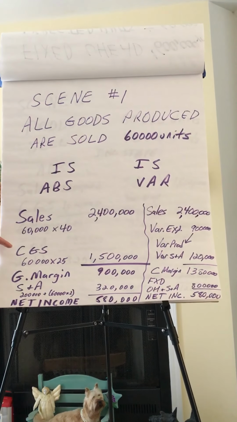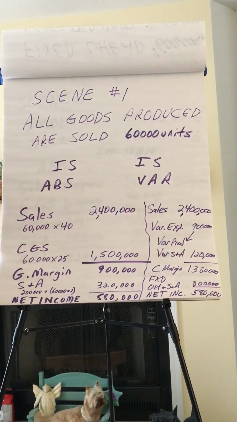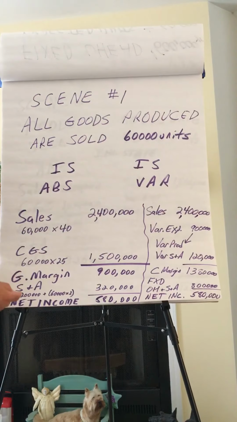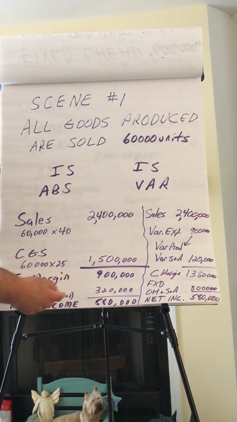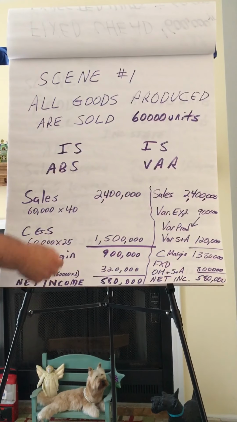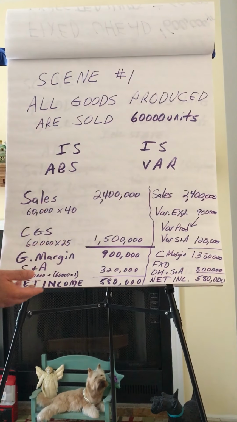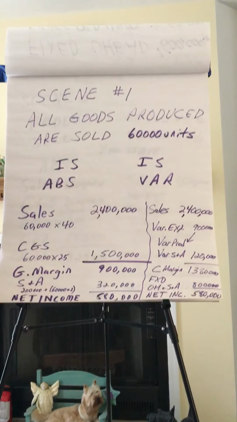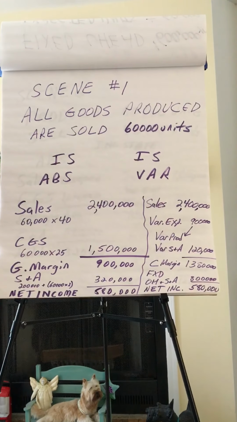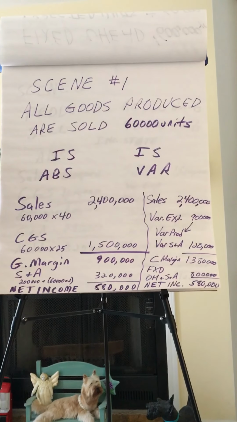You take the sales minus cost of goods sold, we get gross margin, right? And then we have selling and administrative expenses. There's the fixed part, and then there's the variable part. Variable part, 60,000 units times 2, you get 120,000. You add that to the 200,000 that's fixed, you get 320,000. You subtract that from gross margin, and we get net income, right?